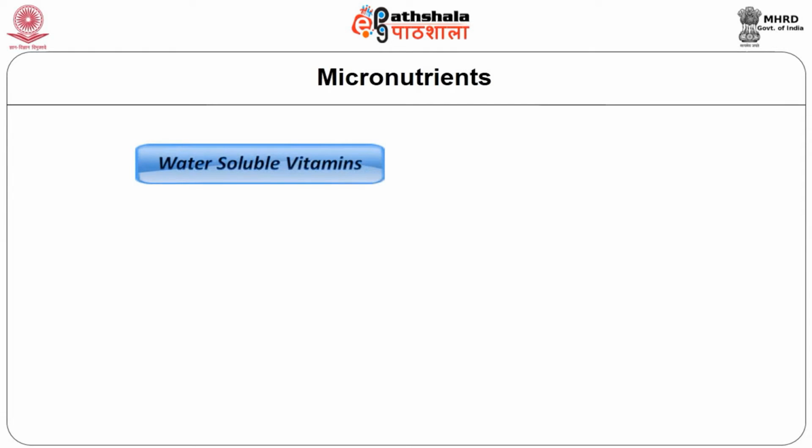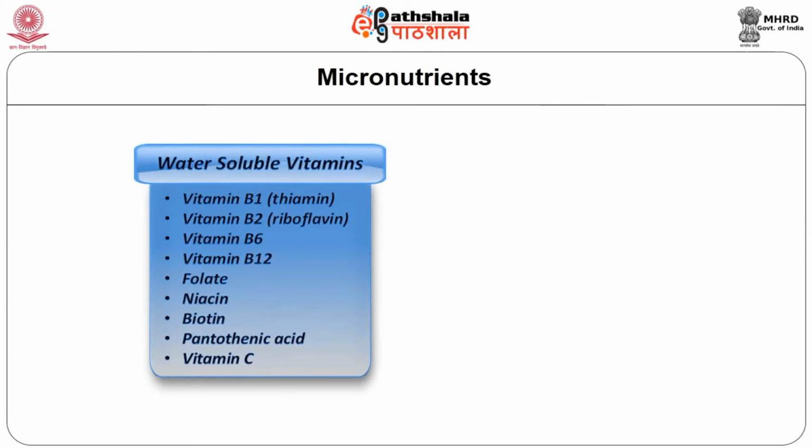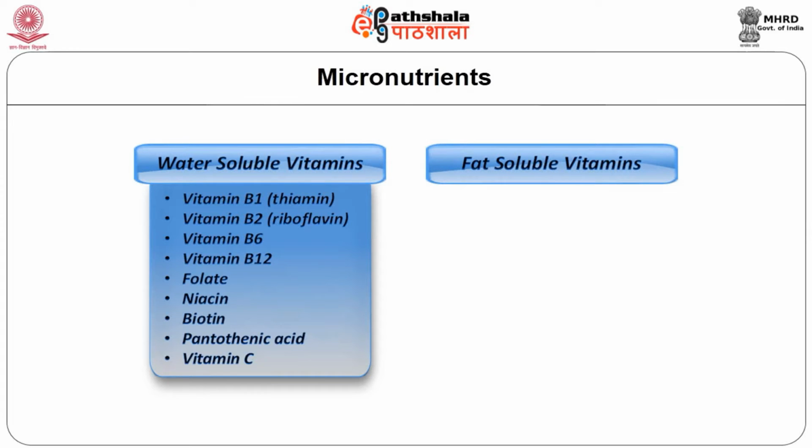The water soluble vitamins are vitamin B1, thiamine, vitamin B2, riboflavin, vitamin B6, vitamin B12, folate, niacin, biotin, pantothenic acid and vitamin C. Fat soluble vitamins are stored in body fat until the body needs them.